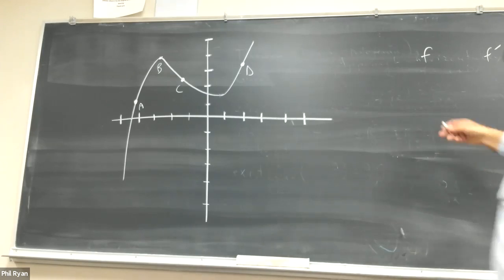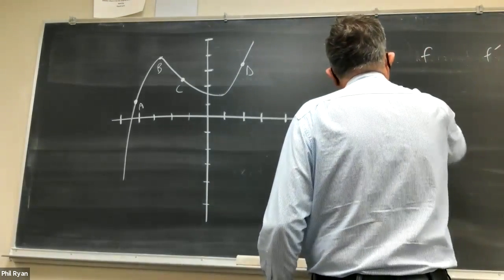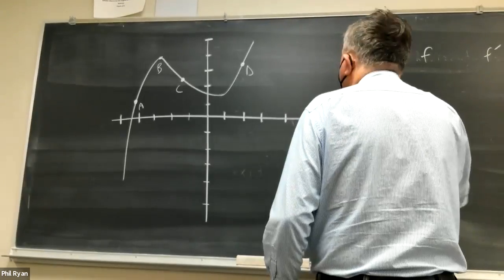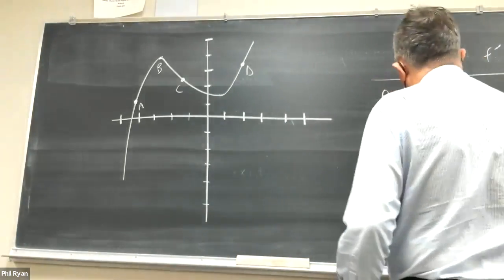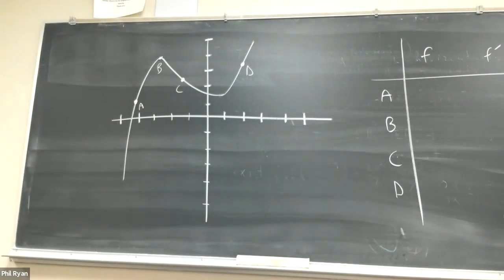Okay, so here's a simple problem. Here you've got A, B, C, D. I've got 4 points there. So what can you tell me about F at those 4 points? Are they positive or negative or zero? They're all positive, right?